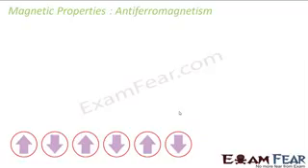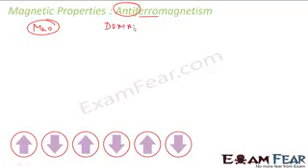The next is anti-ferromagnetism. The name suggests it comes from ferro. In this case, some substances like MnO also have domains. This domain structure is similar to a ferromagnetic substance, but these domains are oppositely oriented.